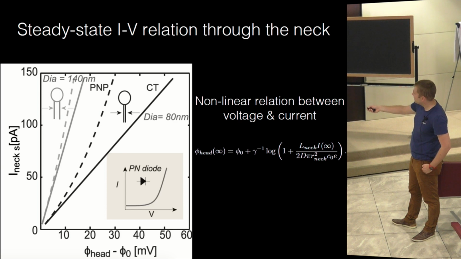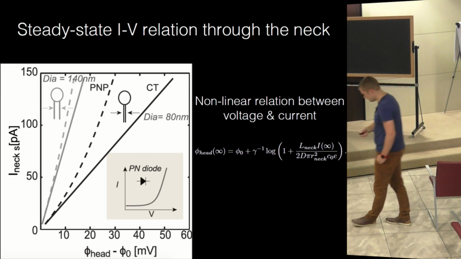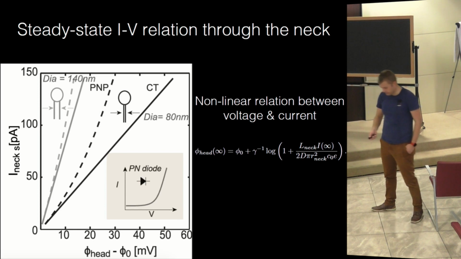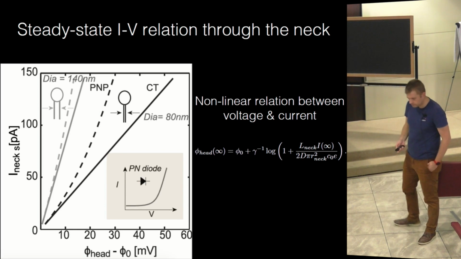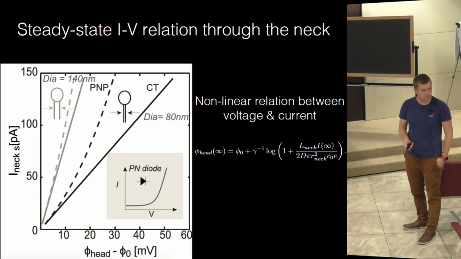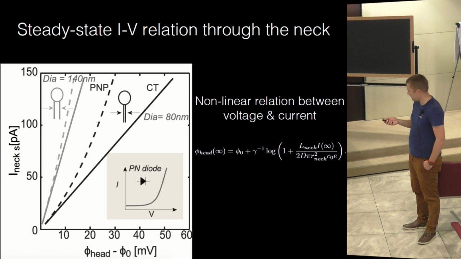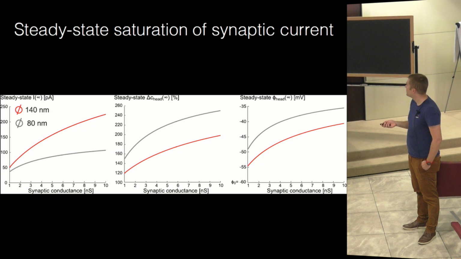Phi head at infinity at steady state is something, where gamma, the inverse of 25 millivolts, is a constant, and you have a log of intensity. And David and Jerome obtained the same formula recently, also in, I don't know if the paper is accepted, or at least it's on bioRxiv. Okay. This is a saturation.